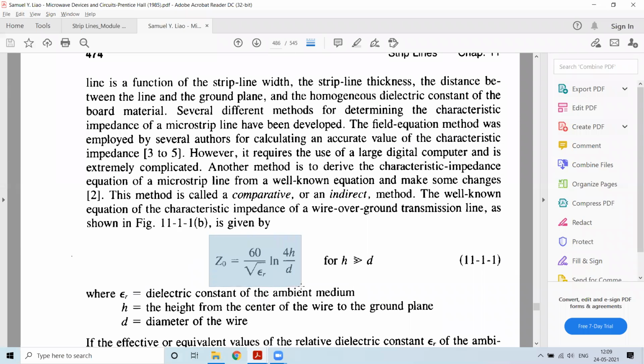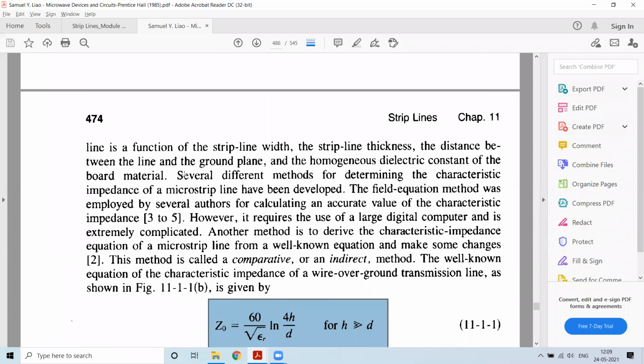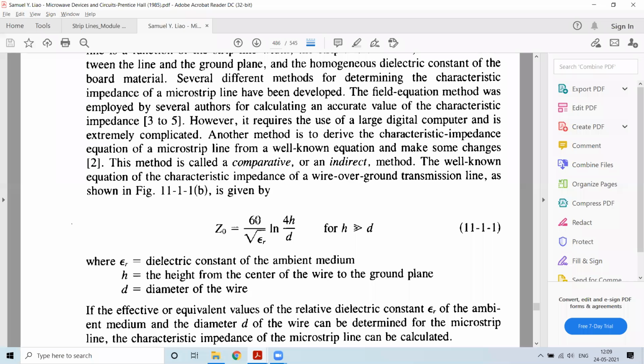Based on that, we obtain the characteristic impedance of this line as Z naught equals 60 divided by the square root of epsilon r, times the natural log of 4h by d.